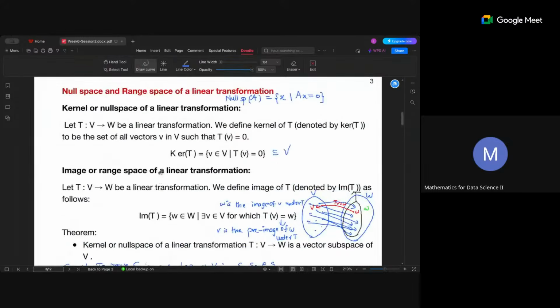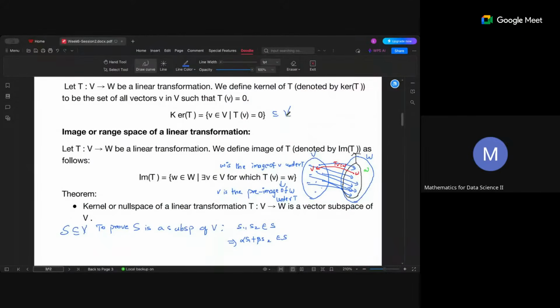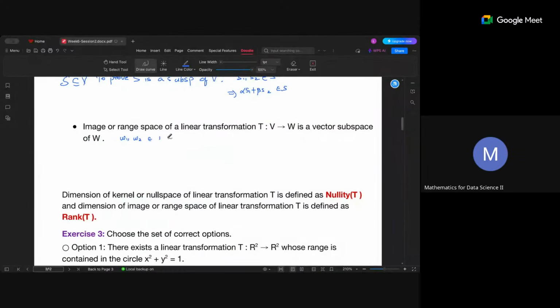The other thing I wanted to say is that the kernel is a subspace of V and the image is a subspace of W. So the image of T. Now we want to say that alpha w1 plus beta w2 also belongs to the image of T. First of all, if w1 and w2 belong to the image of T, what does the definition say?